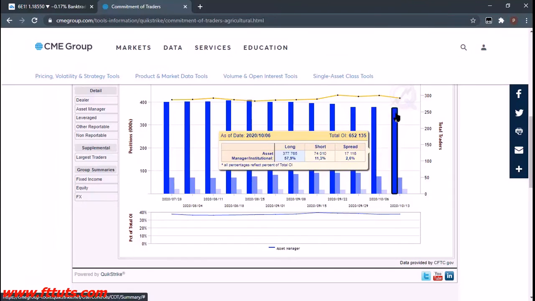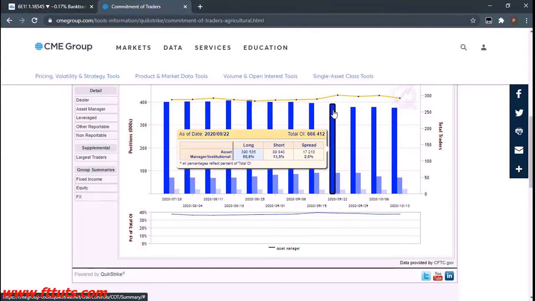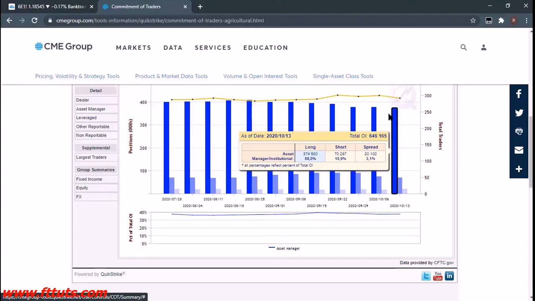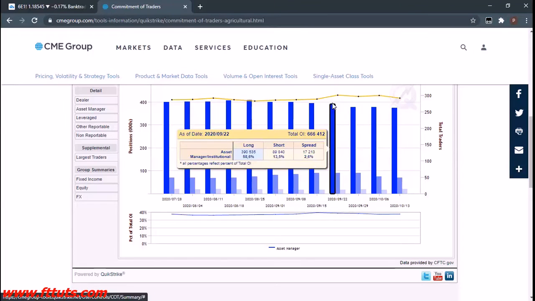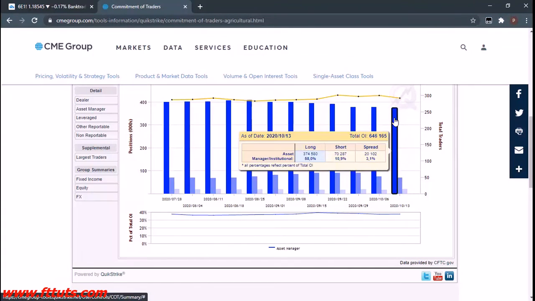Okay, so coming from 390 to 374, this is a very, very big drop. I don't know how much in percentages this could be, but we're coming from 390,000 long positions. We are now down at 374.